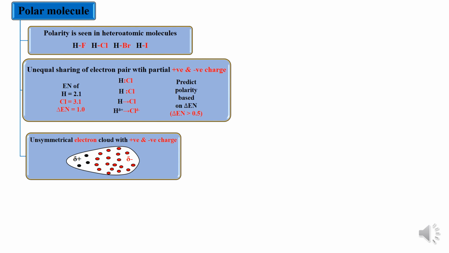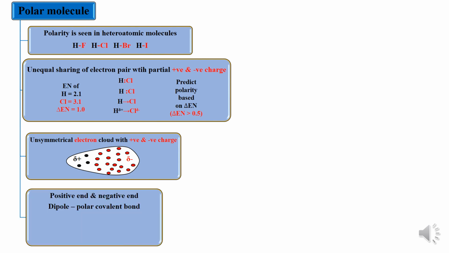And there is an uneven distribution of negatively charged electrons in the molecule. As a result, you find partial positive and partial negative charge in the molecule, where the electron density is more towards the electronegative atom, that is the chlorine atom in the case of hydrogen chloride molecule.